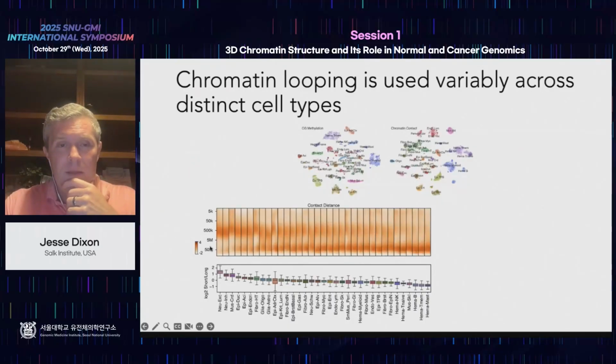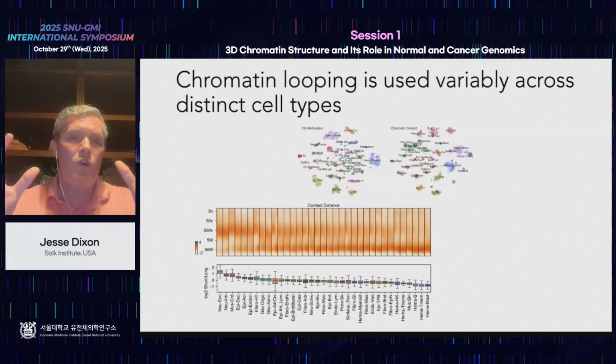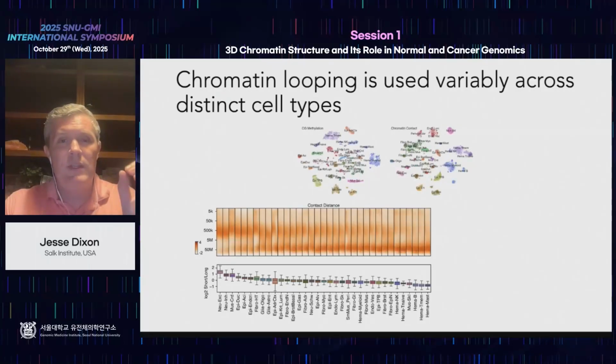There's a second peak centered around maybe 50 million base pairs, and this corresponds to much larger chromatin compartment type patterns that are related to things like A and B compartments, or heterochromatic and euchromatic organization in the genome. What I think is interesting is that we can see these features across all the cell types, but they seem to be used differently depending upon lineage.